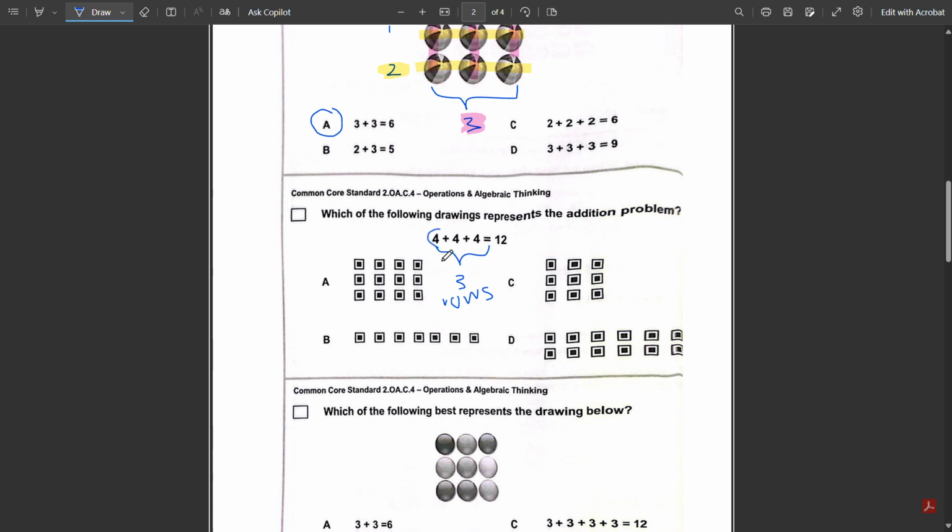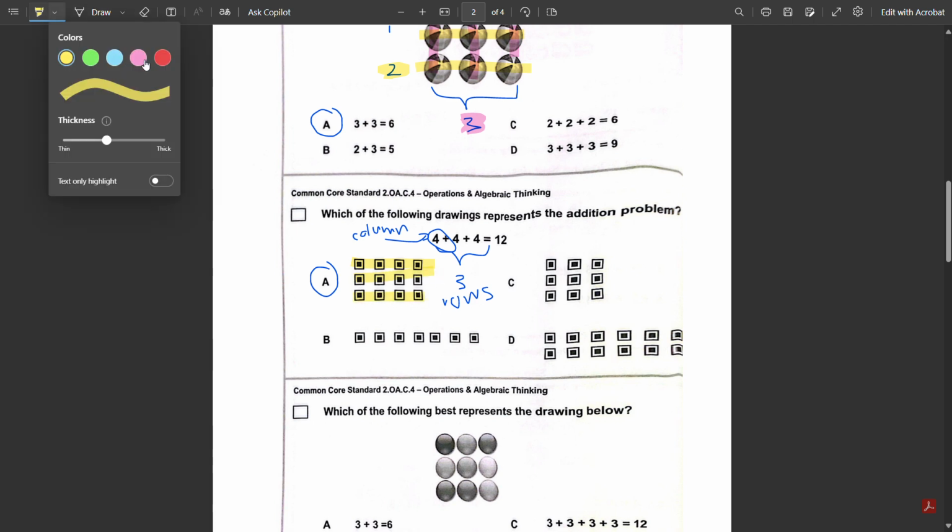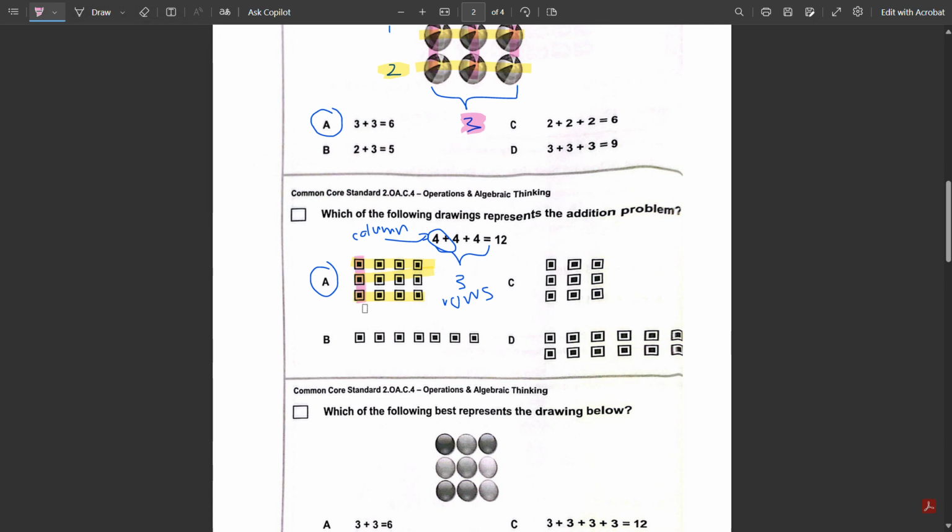And for column, we know that each row is going to have 4, so this is column. And the answer here would be A. And that's just because there's 3 rows, so 1, 2, 3 rows, and then 4 columns, 1, 2, 3, 4.